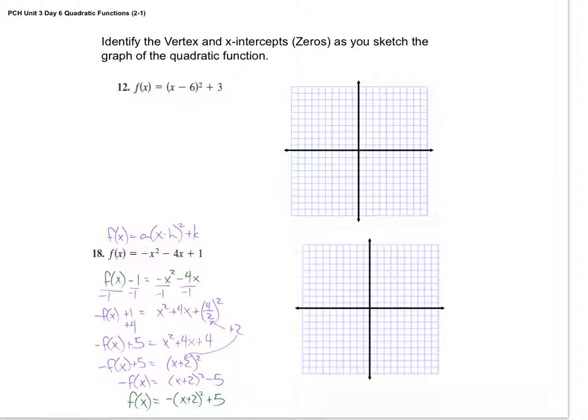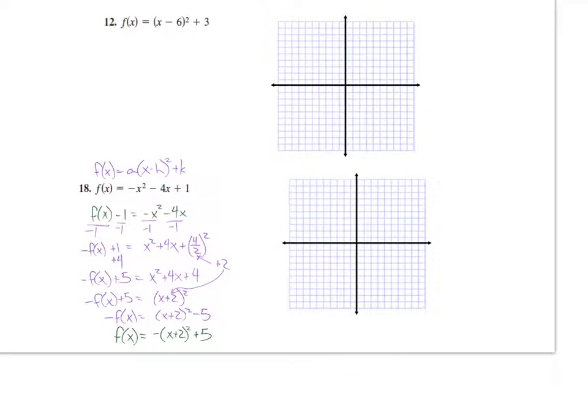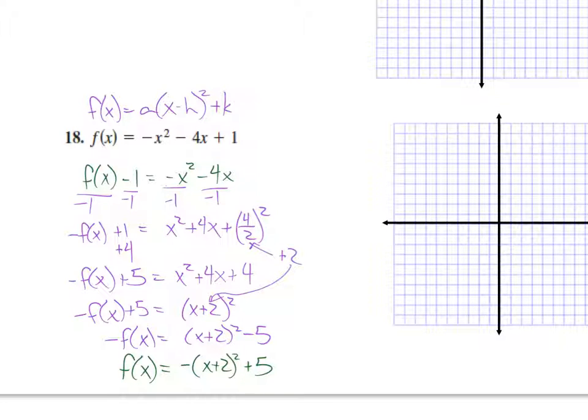At this point we have the parabola in vertex form. Someone remind us, what is the vertex for this function? Negative 2, 5. The translation tells us where the vertex is.